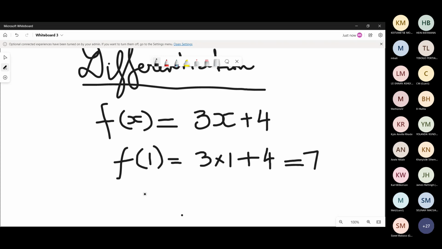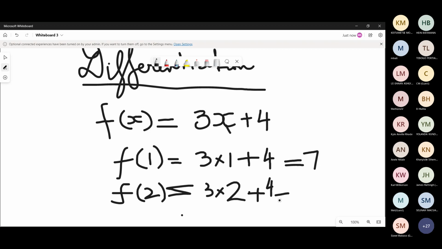Now, if I consider another point, f of 2, what is f of 2? Basically, the meaning is you replace x by 2, right? It will be 3 times 2 plus 4, and this is equal to 10, right?